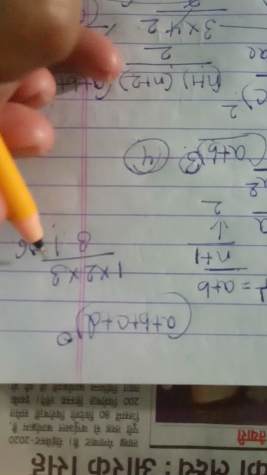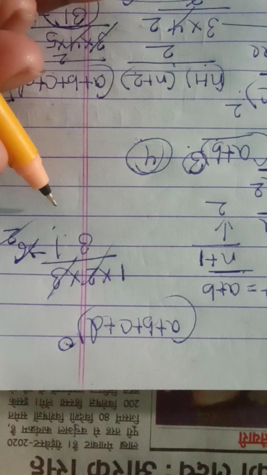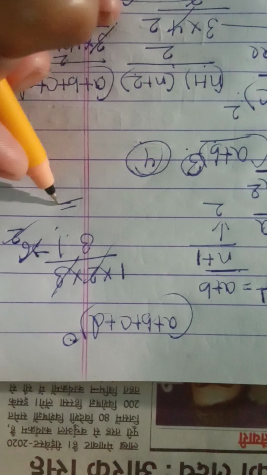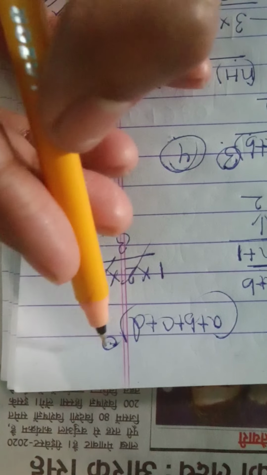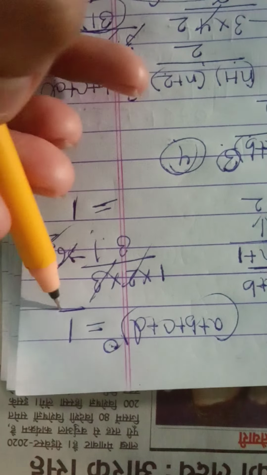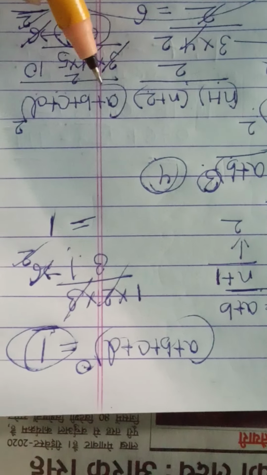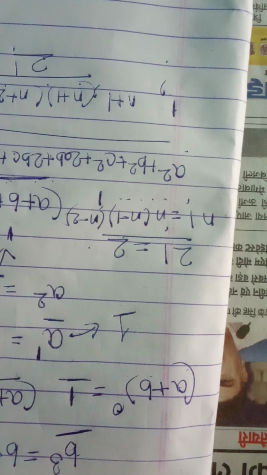So 6 over 6, it cancels, and we get only one term, because you know any expression to the power 0 gives only one value, and it is also only 1. Hence we can say that we generate a simple formula.